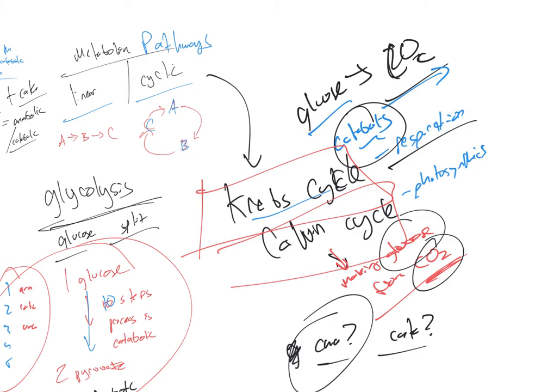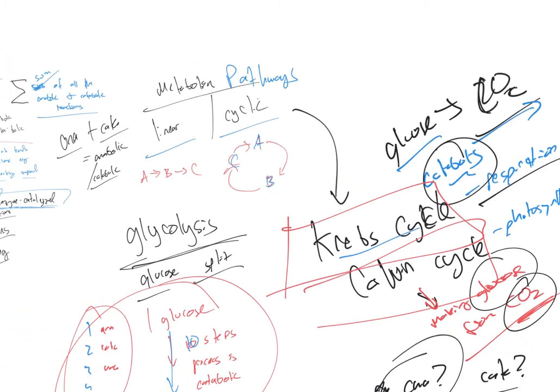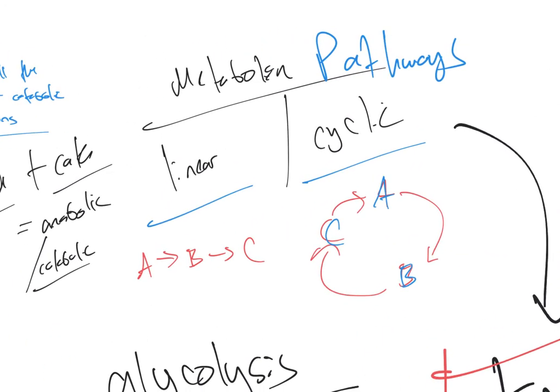They're circles, A to B to C, and they go back into A, whereas glycolysis is linear. A real question on the exam might just be a picture of a pathway you've never seen, and the question is simply: is it linear or cyclic? Are the reactions anabolic or catabolic? Okay, now that is metabolism.